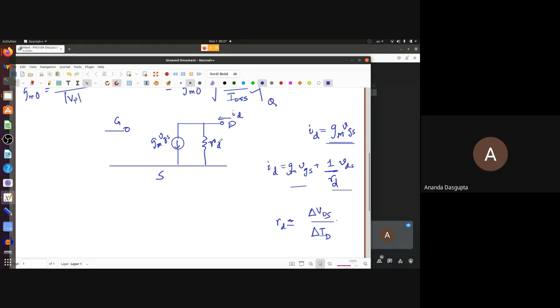By the way, sometimes you code the parameter as the resistance, sometimes you code it as the admittance. So you may also talk about YD. YD is of course reciprocal of this RD, delta ID by delta VDS, which is a very tiny quantity. Okay, so this is the small signal effective circuit.